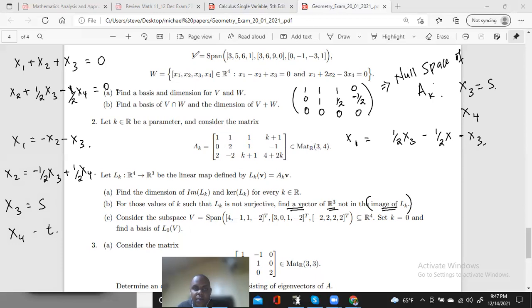So it becomes x1 equals minus a half x3 minus a half x4. So the kernel would be minus a half s, minus a half t, times s and t.